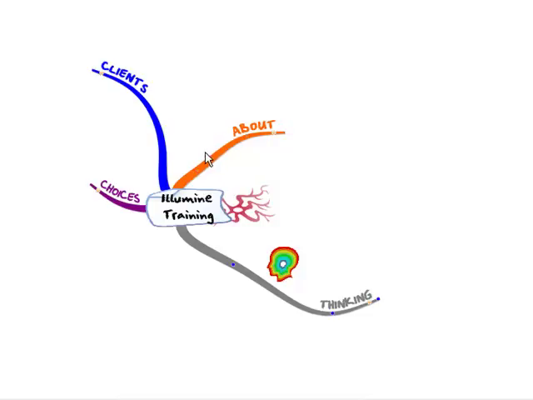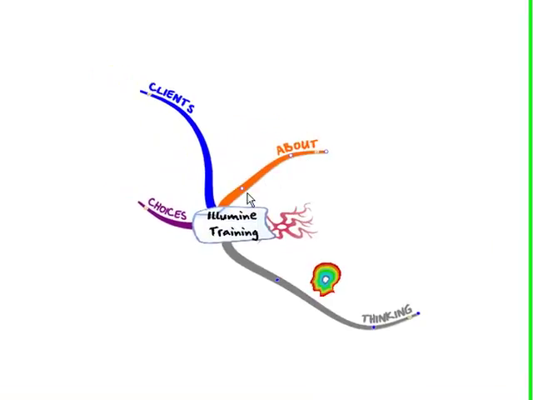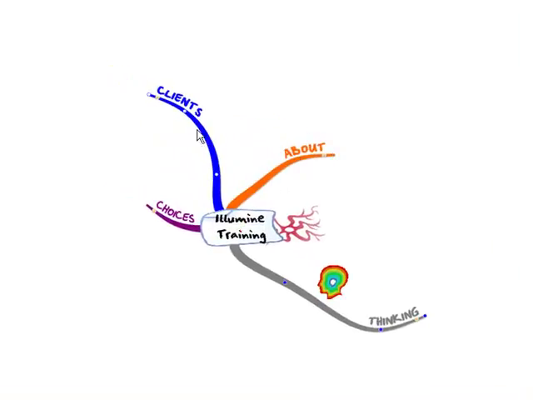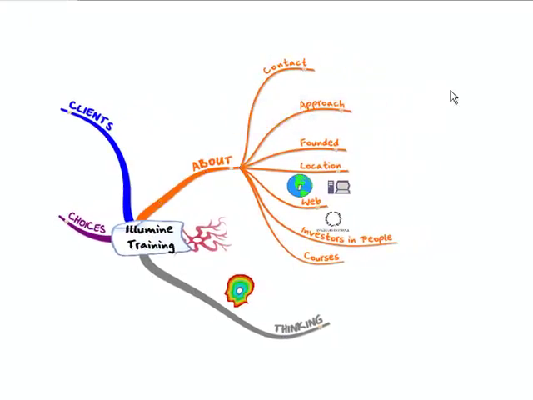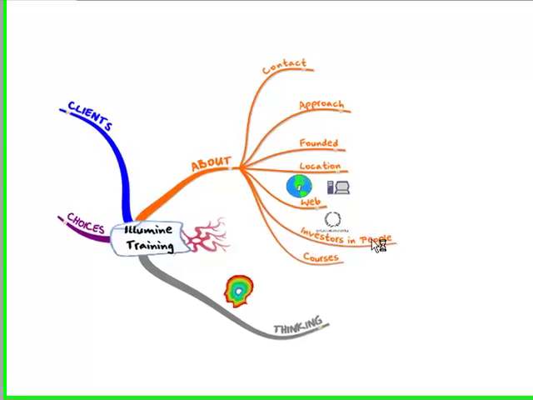Now you'll notice straight away that each of these main branches is a different color, and they're radiating out from the central image, so that each of these are sub aspects of Illumin. So if we go to the next level of detail, we've got the courses, we've got various other aspects about how we work and what we do.